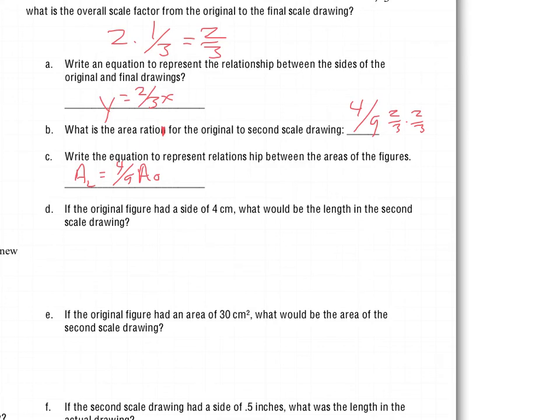This is looking at sides, so I'm going to use my side equation: y is equal to 2/3 x. The original figure is our input, that was our x. So y is equal to 2/3 times 4. It's going to give me y is equal to 8/3, or 2 2/3.